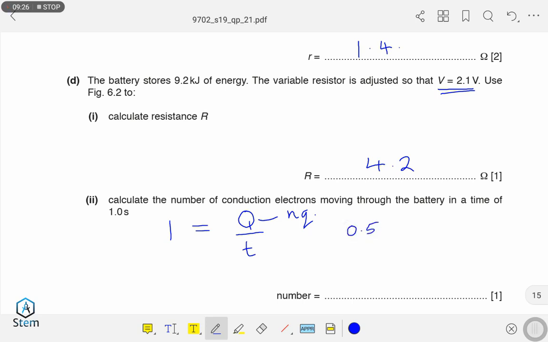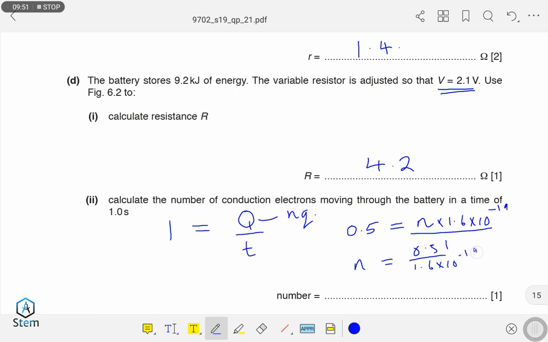So if the current is 0.5 and the number of electrons, let's just say it's n, multiplied by 1.6 times 10 to the power minus 19, divided by 1, then n would be equal to 0.5 divided by 1.6 times 10 to the power minus 19.